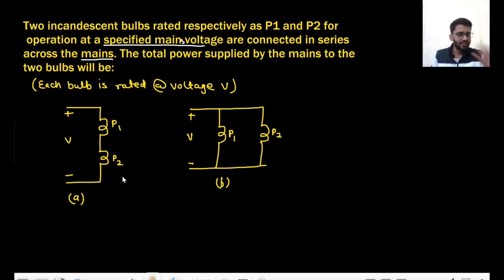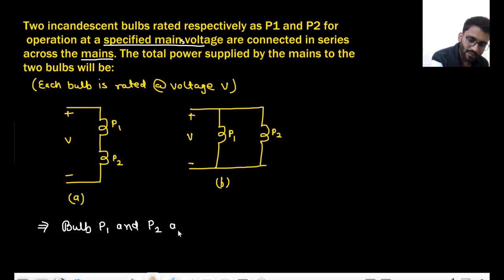So bulbs P1 and P2 are having voltage rating of V volt.